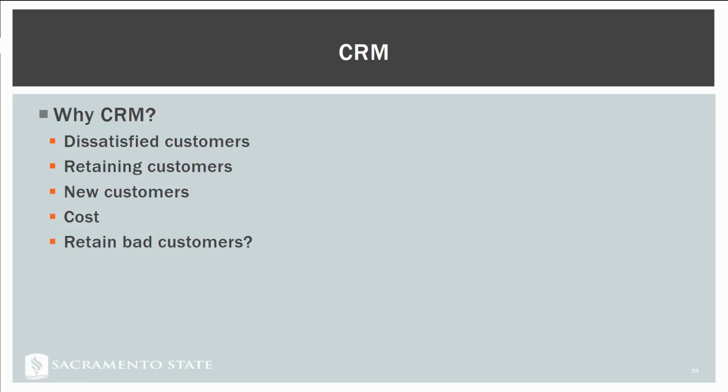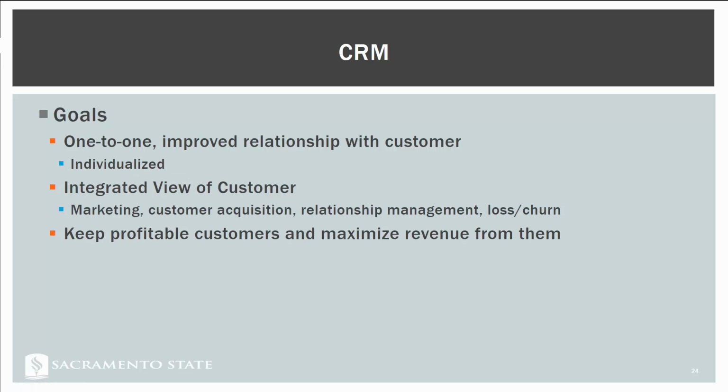We want to know how to target and recruit new customers. We have to think about our pricing structure and our cost of producing goods or services. And then we have analytical decisions like, should we retain our bad customers, or should we allow them to churn or go away and not be our customers anymore? These are decisions that we can try to answer with CRM systems.